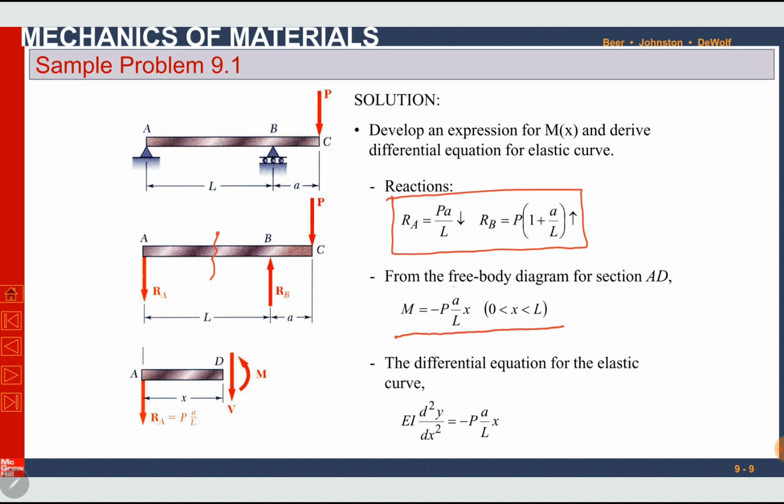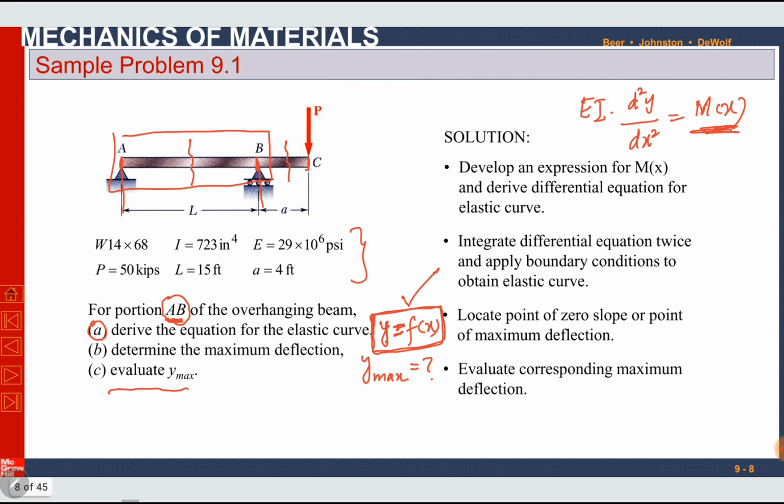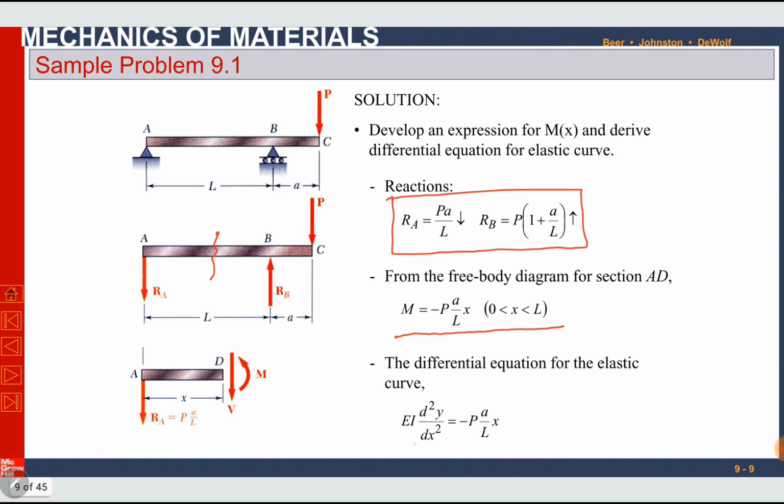Now we have to put this expression of moment in the general expression EI d square y by dx square equal to moment. By putting moment as a function of x in this expression, it becomes EI d square y by dx square equal to minus PA over L x.